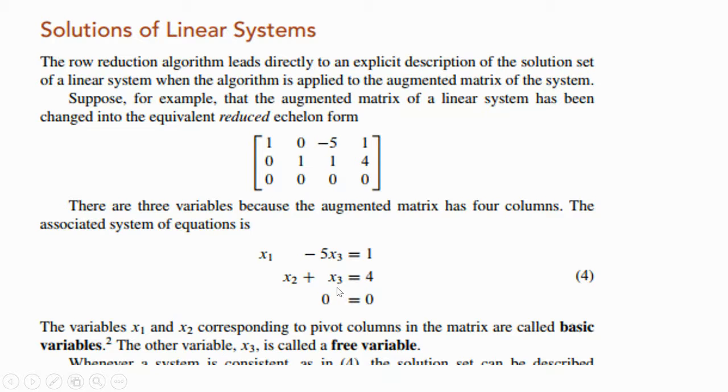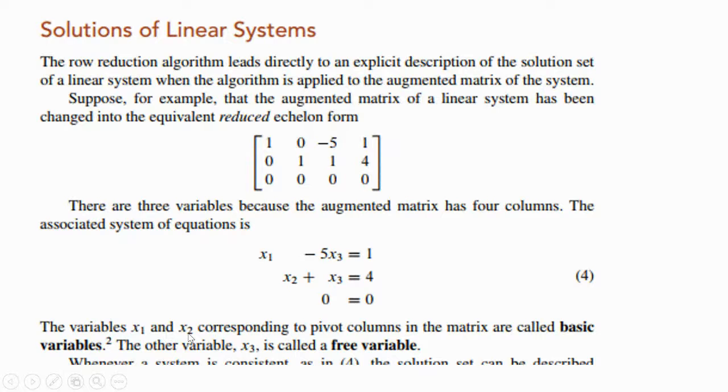So I can declare x3 to be whatever I want, t, or just say it can be anything I want. This is going to tell you I have an infinite number of solutions. And they're of the form x3 is arbitrary, x2 is going to be 4 minus x3 from this, and x1 is going to be 1 plus 5 times x3. So you have an infinite number of solutions.